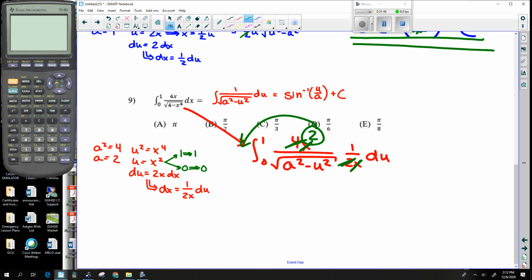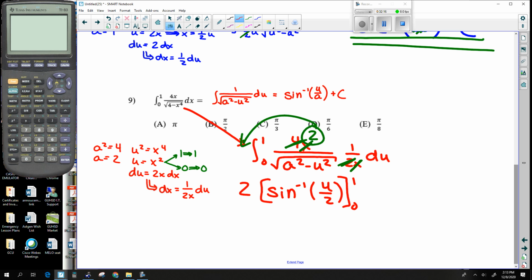So I'm able to take out this 2, but I'm able to do this integration. So this is going to be 2, and this, as I said, is going to be the inverse sine of u over a. So that's u over 2. And this is being evaluated from 0 to 1.